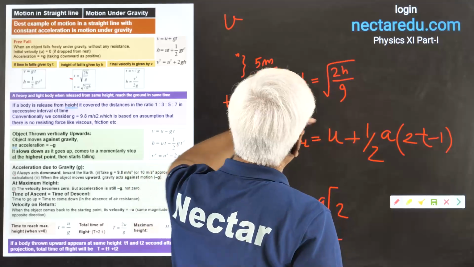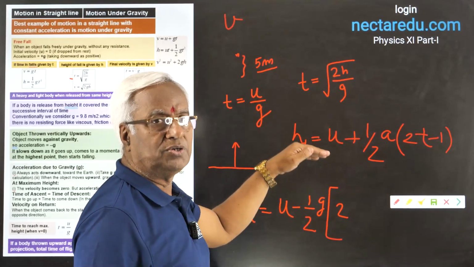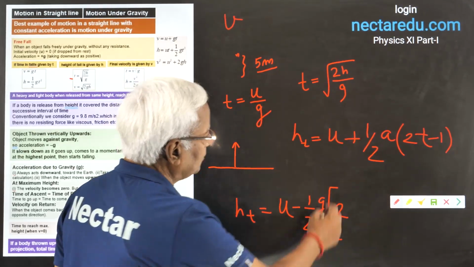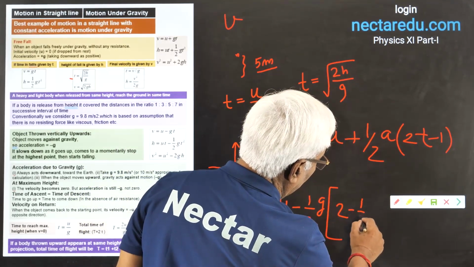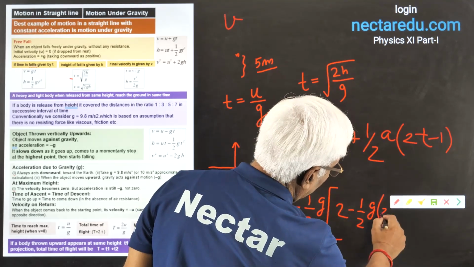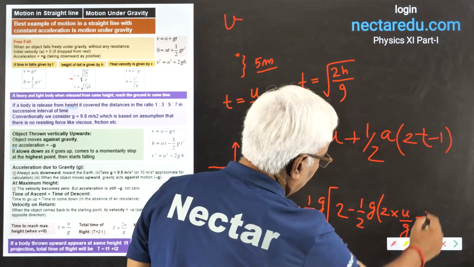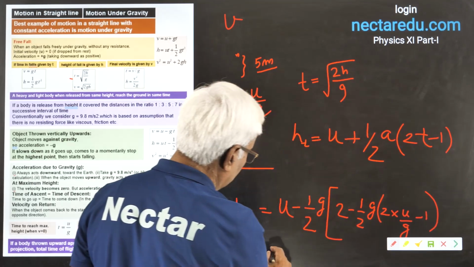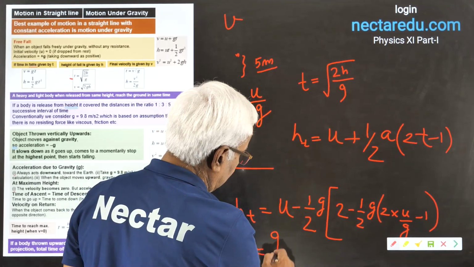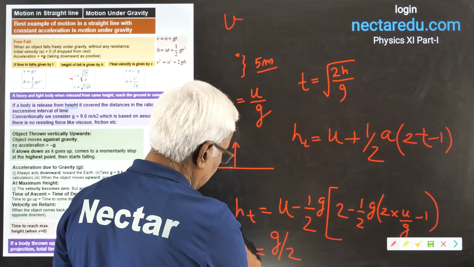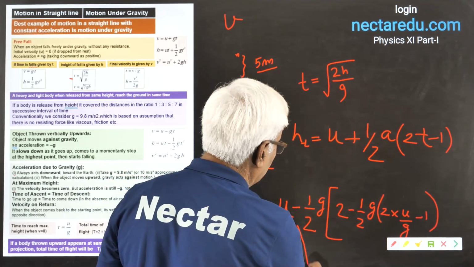Since the starting is here with velocity u, it is going to be u upon g. You put this here: minus half g times (2u upon g minus 1). You just solve it, and you are going to get it equal to g by 2 only.